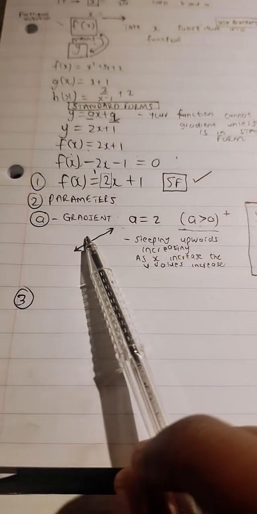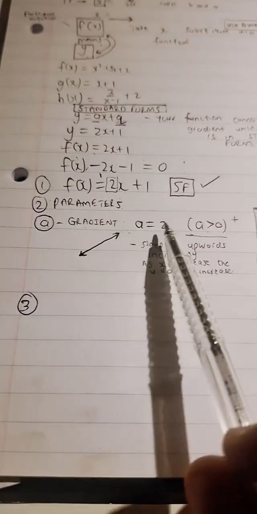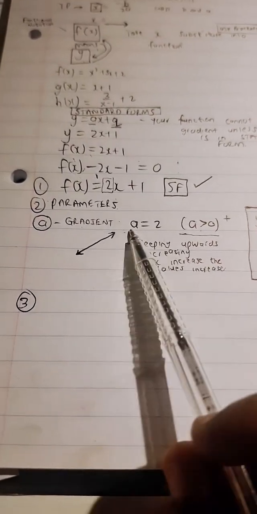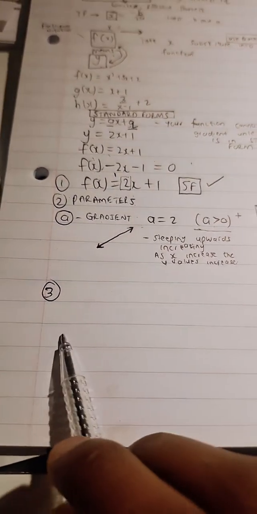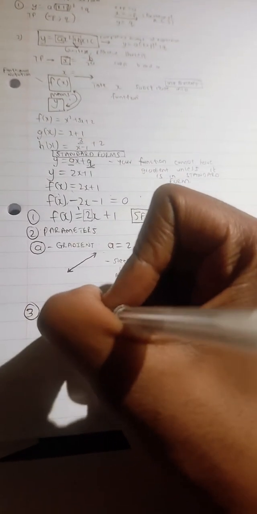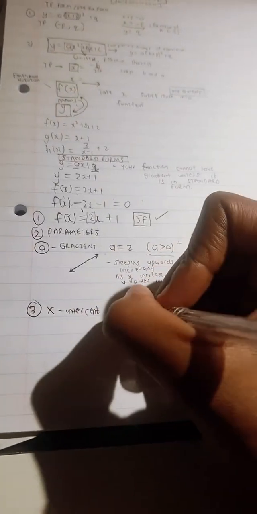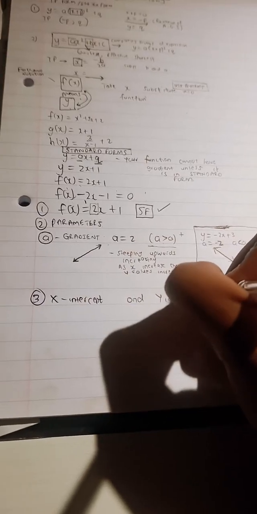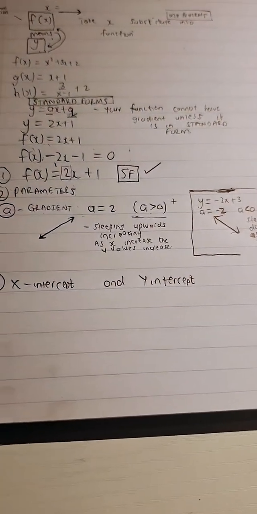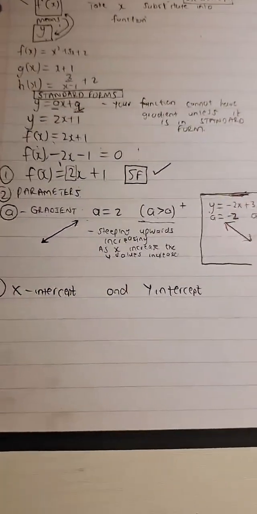That objective then needs to be accompanied by a step-by-step plan towards achieving it. So what is the plan after having established what the a value is and understanding that when I sketch, I should have an increasing line? The plan is the following. Step number 3, we are now going to find the x-intercept and the y-intercept. Now this is your daily bread.